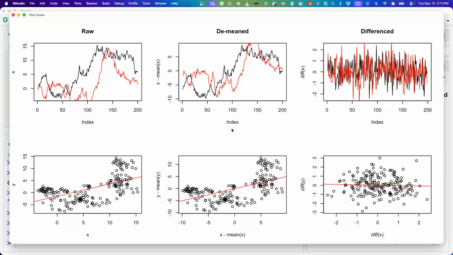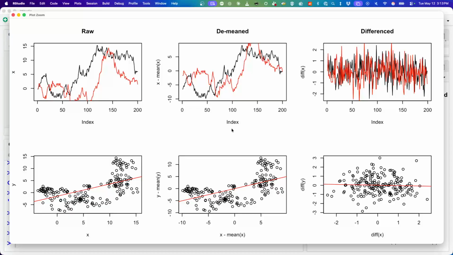Lastly, we do the difference values, where you do x of t minus x of t minus 1, and the same for y. That removes essentially the time effect from our data. And from there, when we run the regression, we can see that there is no longer any relationship between our x and y.